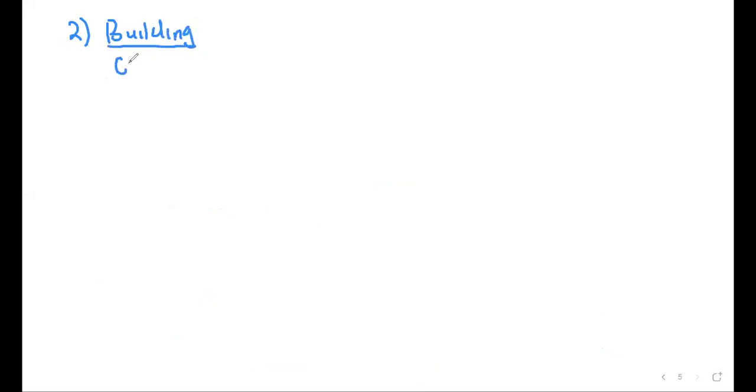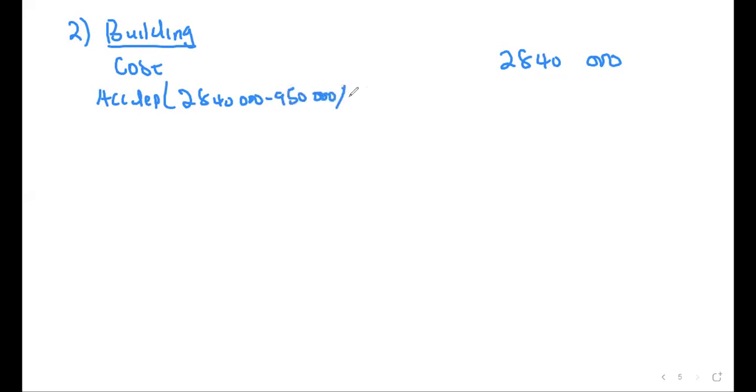So the cost of the building is 2,840,000. Accumulated depreciation is 2,840,000 minus 950,000, divided by 360, times 11. We say it's how much? 57,750.